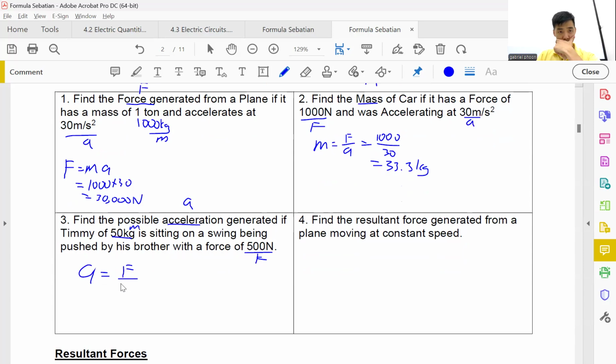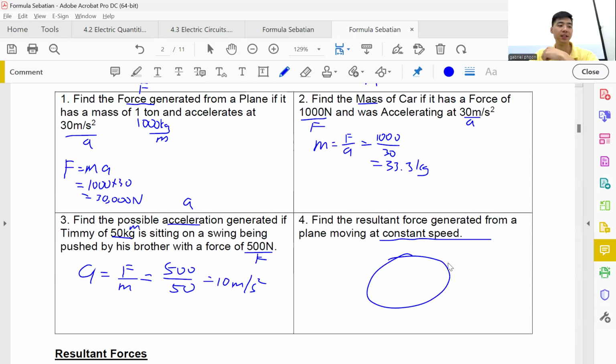Acceleration is force over mass. In this case, it will be 500 divided by 50, which is going to be 10 meters per second squared. And finally, find the resultant force generated from a plane moving at constant speed. The answer is a big fat 0.